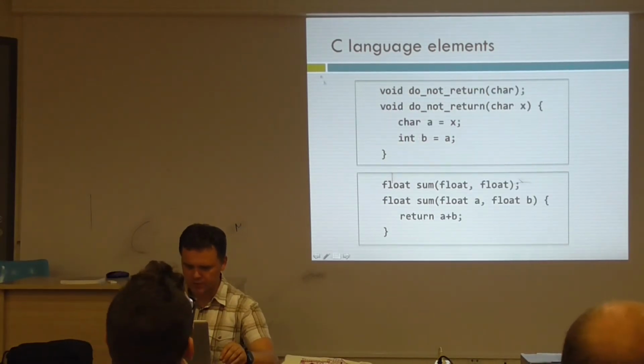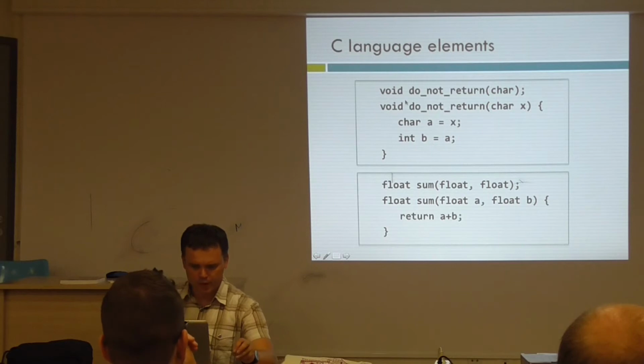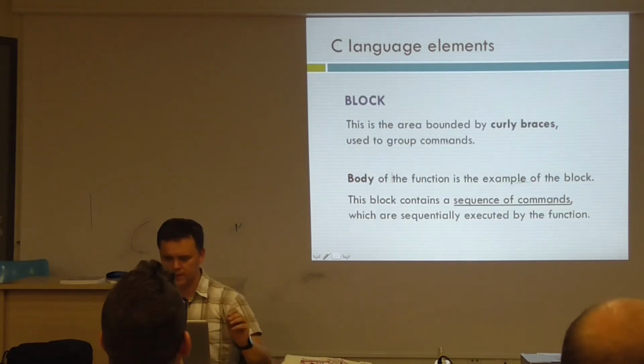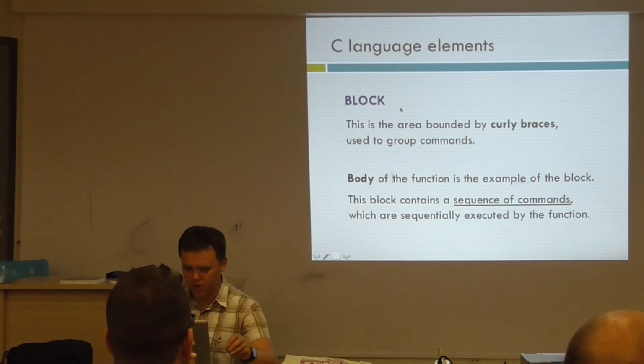What else? Some declarations and some information on how we can use variables and blocks. What is a block? A block is just an area bounded by curly braces, used to group statements.